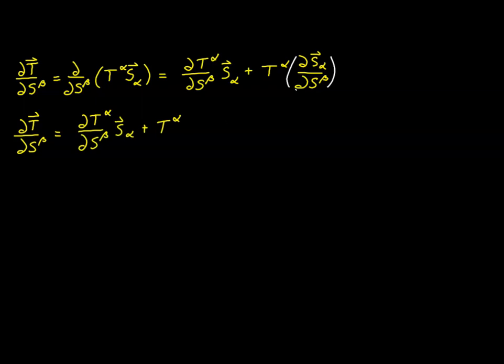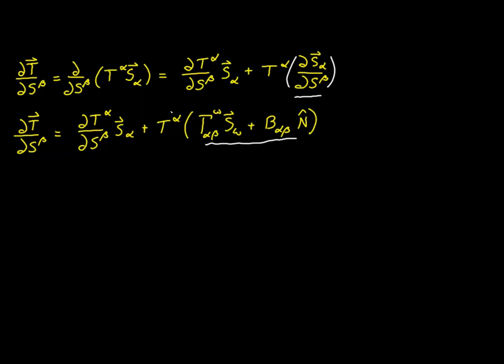Instead of using this term, I'm going to use the result that we got back in video 68. What you see here is what we got for this expression in video 68. I've just made a direct substitution.